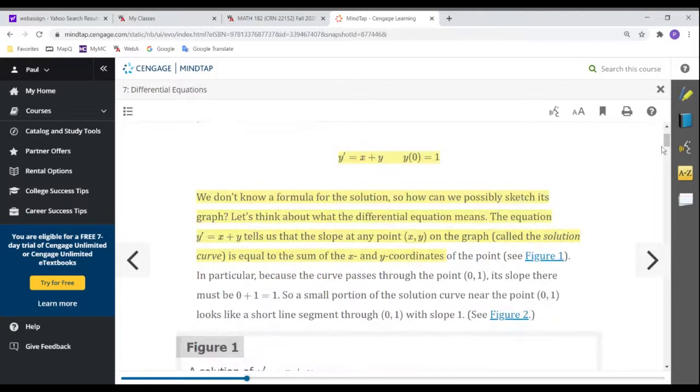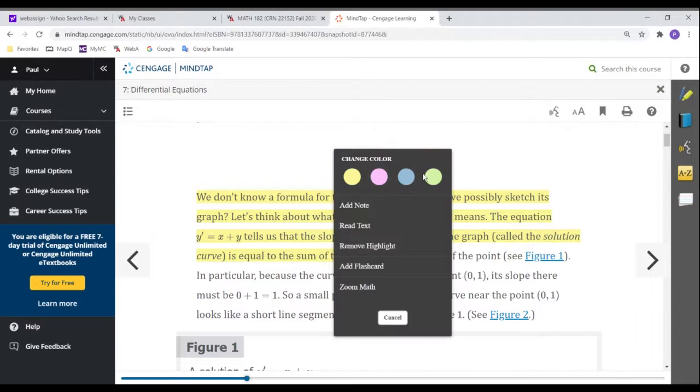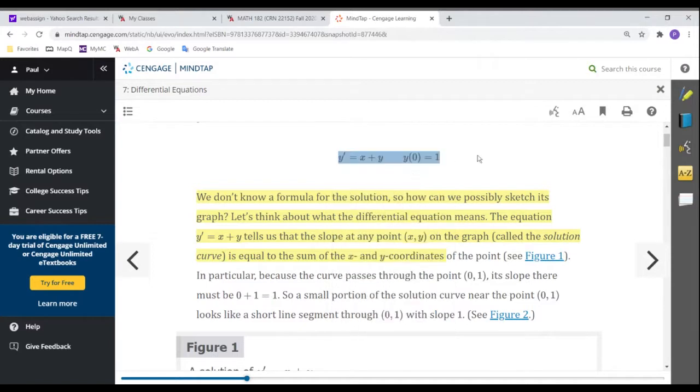Okay, so for instance, for this differential equation, y prime equals x plus y, since you're saying that the solution has to pass through the point 0, 1, when x equals 0, y equals 1, that's what y of 0 equals 1 means.